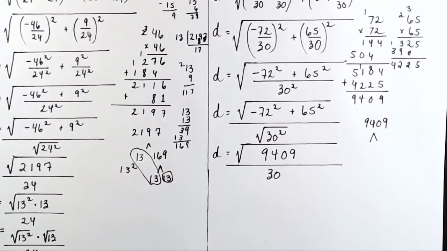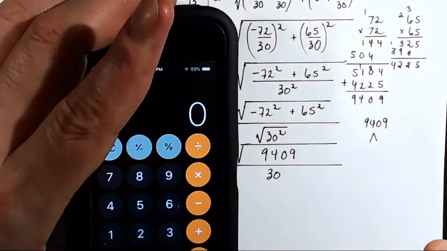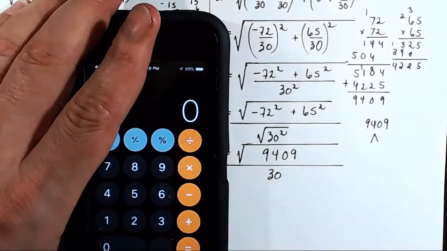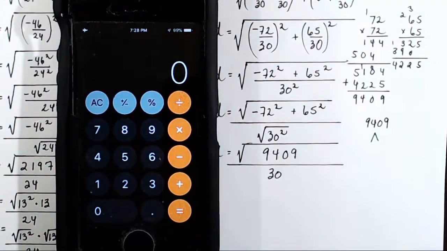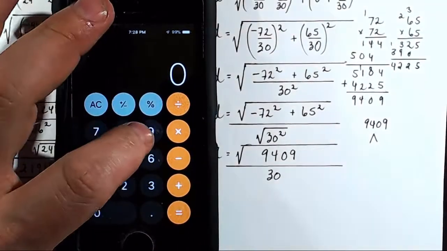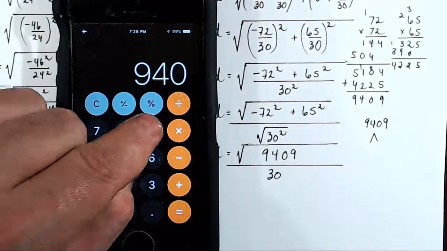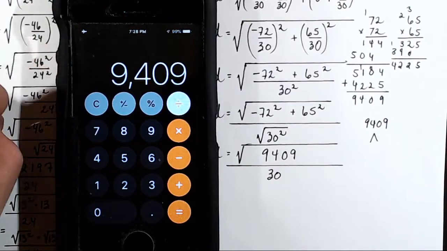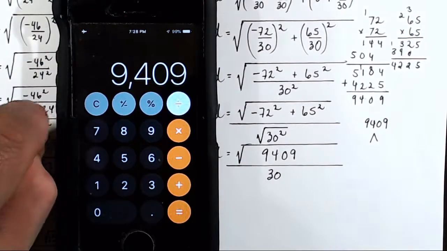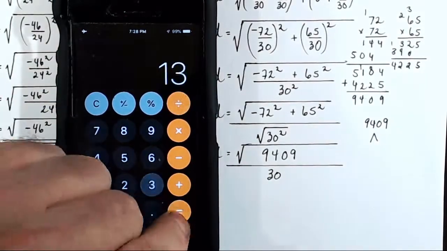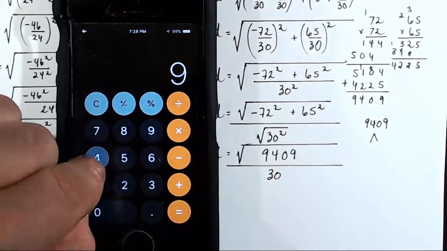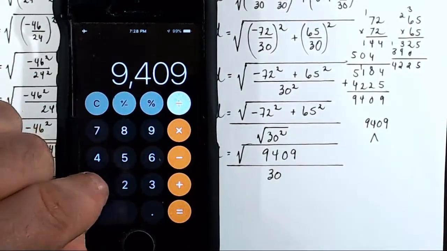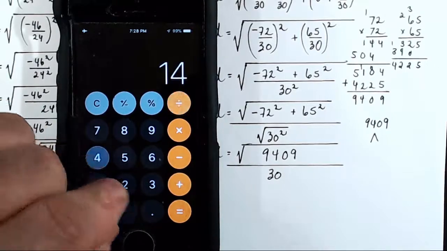So we're going to do something here. We're going to call in this guy, and we are going to try numbers here. So 9409 divided by 13. No. 9409 divided by 14.